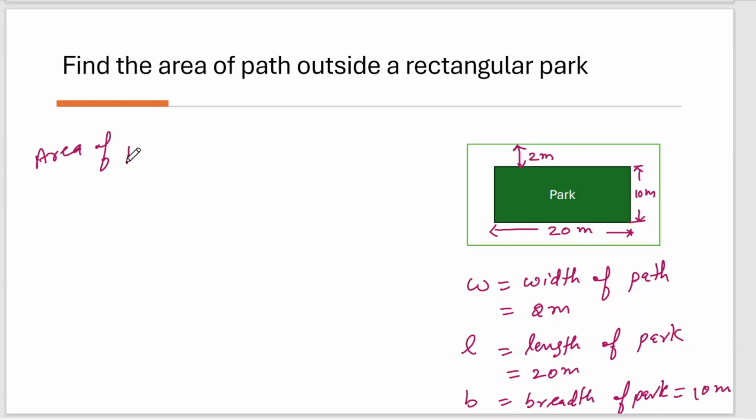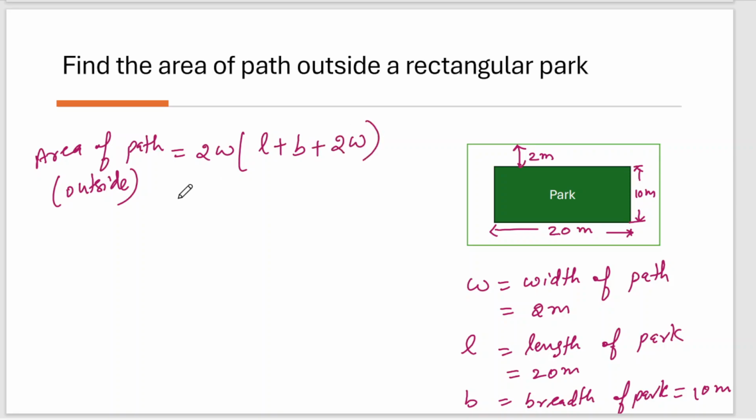So now let me find the area of path, and this is the case of outside. So what is that? 2W times L plus B plus 2W. Now 2 into what is W? W is 2. L is 20.